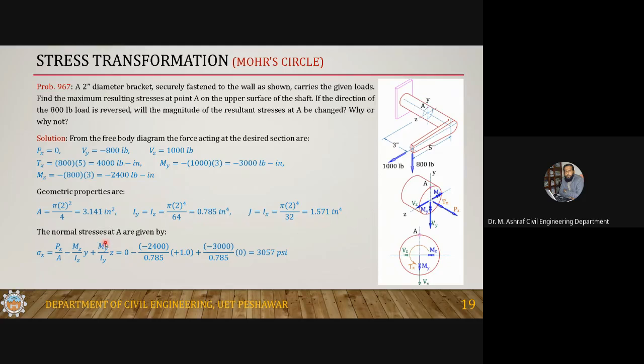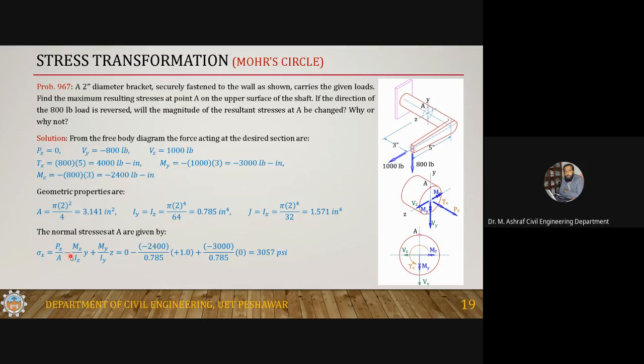Now the normal stresses at A are given by these moments, which can cause stresses at A. But the moment about the y-axis will not cause any stress at A, because its distance is 0.